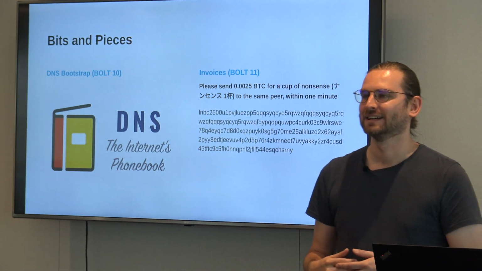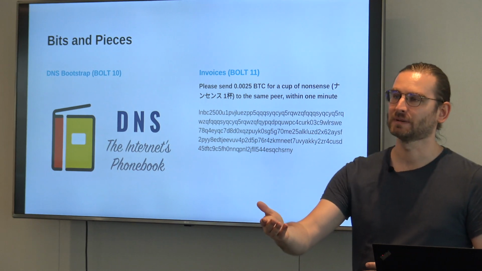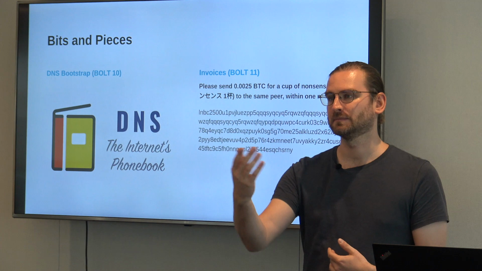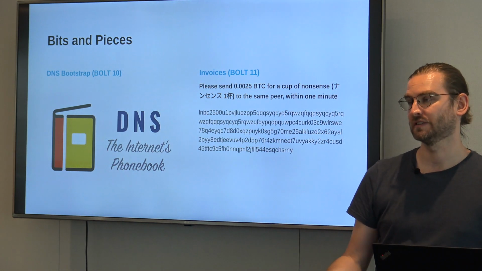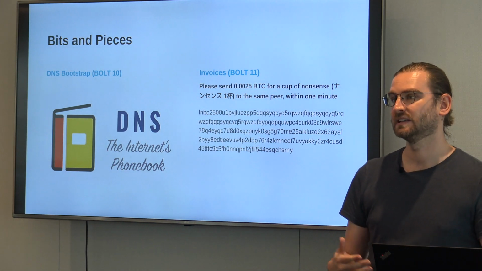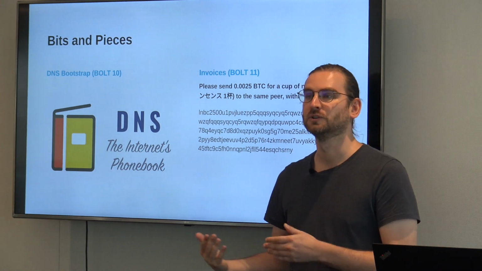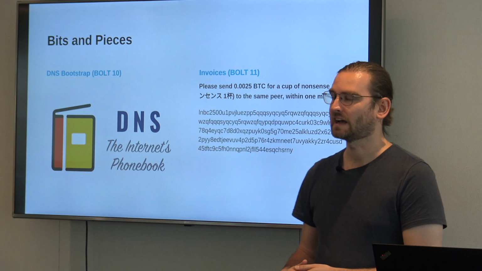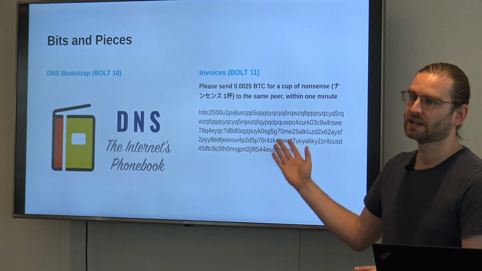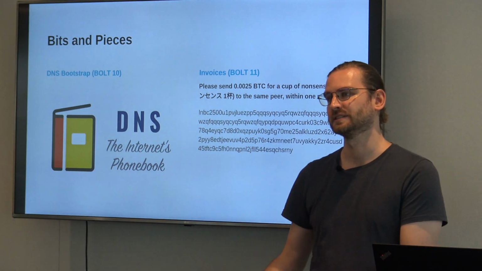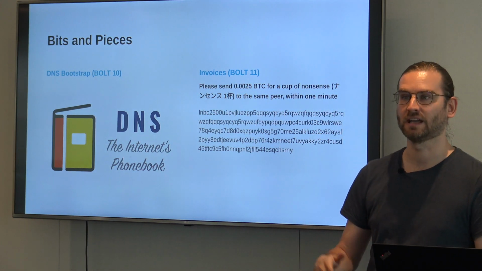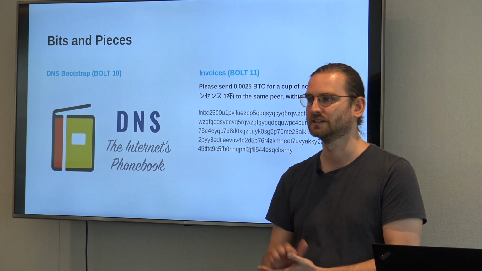And I actually perform this payment, me having the invoice and then receiving the pre-image, which is him acknowledging receipt of this payment, is basically something that we could go to a judge and ask the judge to enforce. So I have both the agreement and the proof that I paid this. In combination, we can then go to an external party and say, hey, I did pay, he didn't give me my coffee.